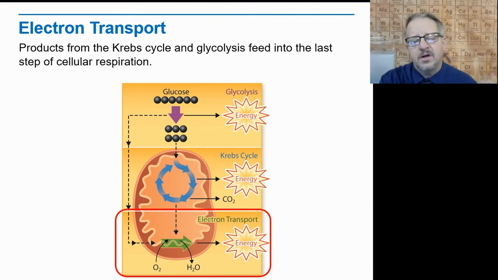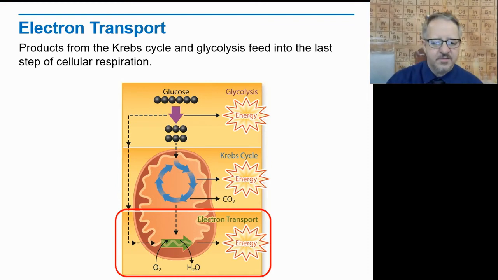The other two stages, glycolysis and Krebs cycle, don't require oxygen, although indirectly Krebs cycle does require oxygen, because if the electron transport chain doesn't function, then the Krebs cycle stops as well. So our overall products of the electron transport are energy and water.